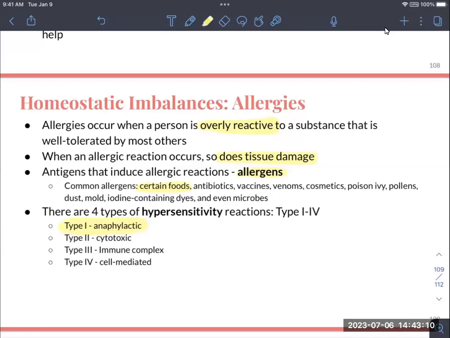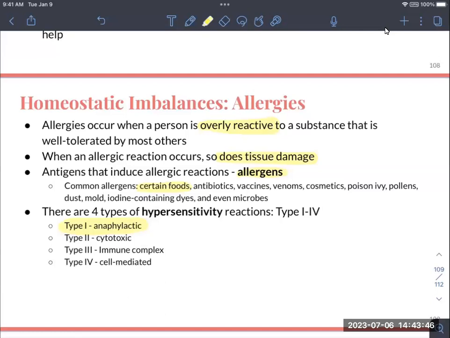It can include hives, itchiness, flushing, faster or slower heart rate, low blood pressure. It can cause lightheadedness, headaches, anxiety, confusion. These are different signs of anaphylaxis. Shortness of breath, wheezing, coughing, pain when swallowing, even abdominal pain, diarrhea, vomiting, and loss of bladder control. These are all different signs and symptoms of anaphylaxis.